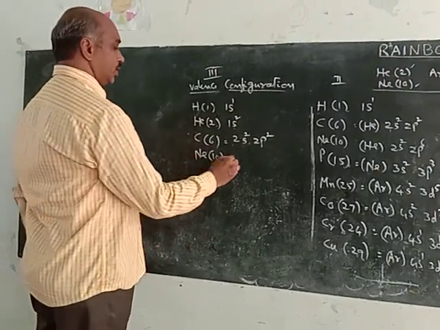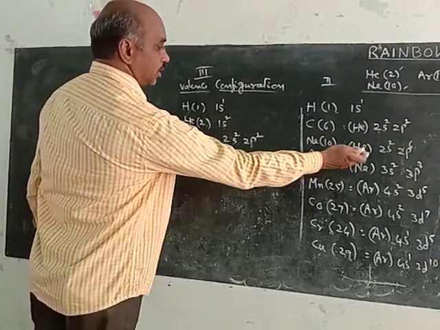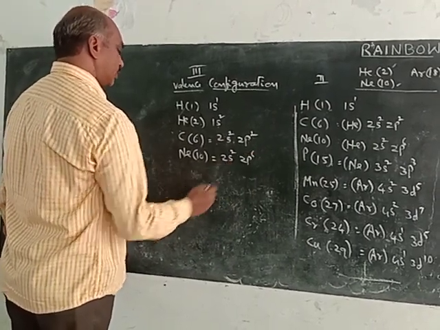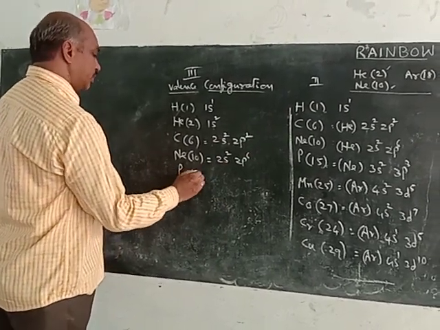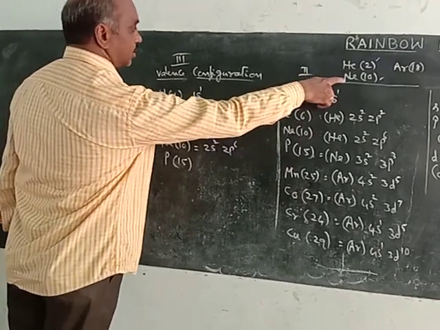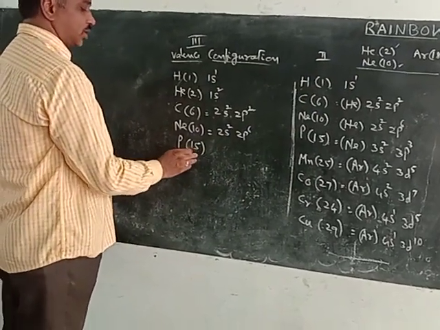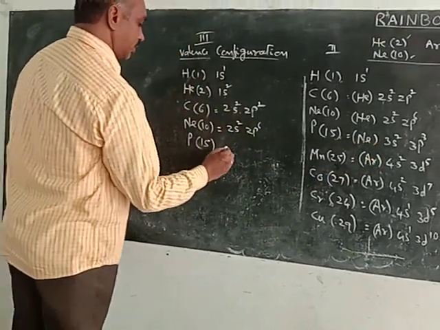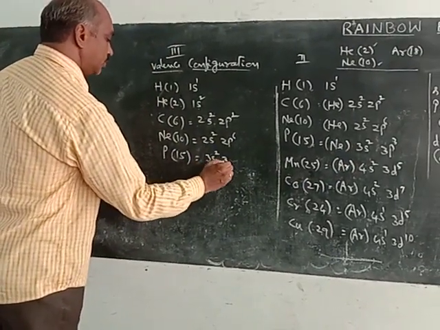Remove it, and the remaining configuration is 2s2, 2p6. Phosphorus 15, the inert gas below is neon. So 10 electrons are removed, and the remaining 5 are the valence electrons. That is 3s2, 3p3.